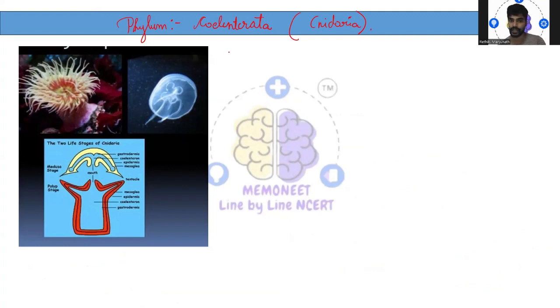They are again aquatic in nature and mostly marine, and they are free swimming beings. And what kind of symmetry can you see? Radially symmetric animals.